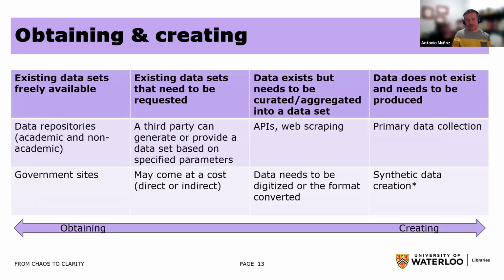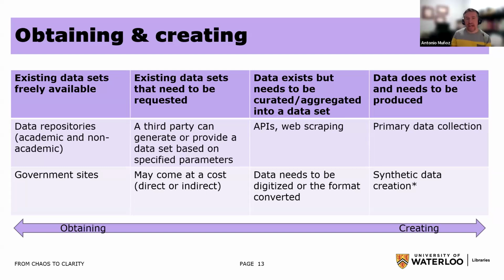So this brings us very nicely to the process of obtaining or creating data. When we think about working with data, there's a spectrum that goes between obtaining something that already exists or creating something from scratch.